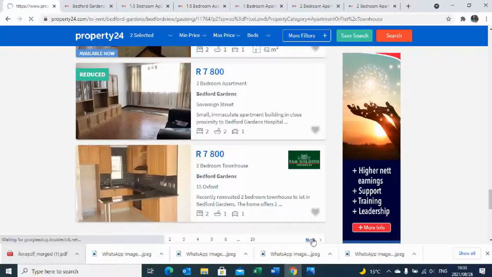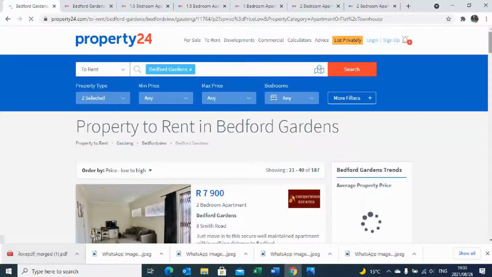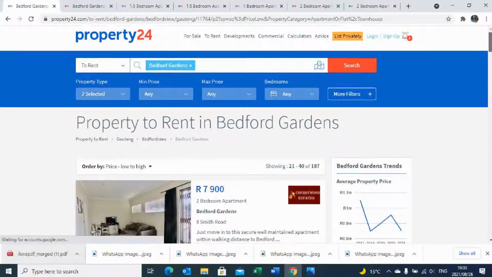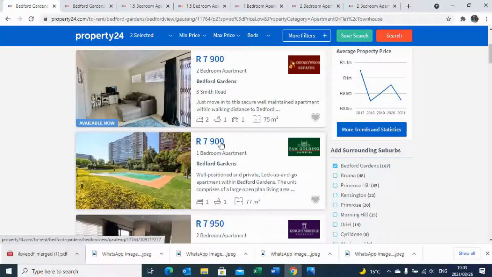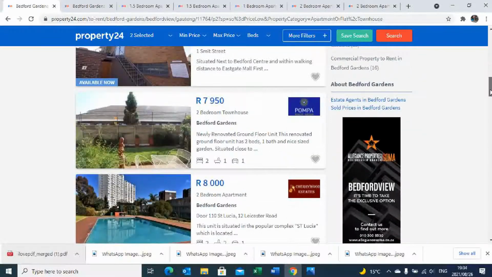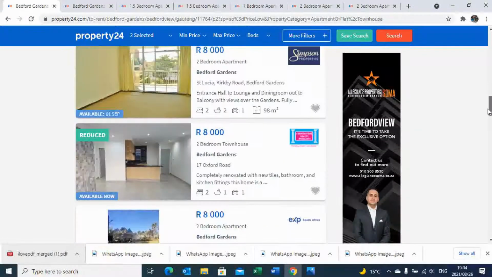Let's see. So we're doing evaluation. This is where we take our time. There's another one, 7,009. 77 square meters. We take our time. You also have 2 bedrooms for 8,000.